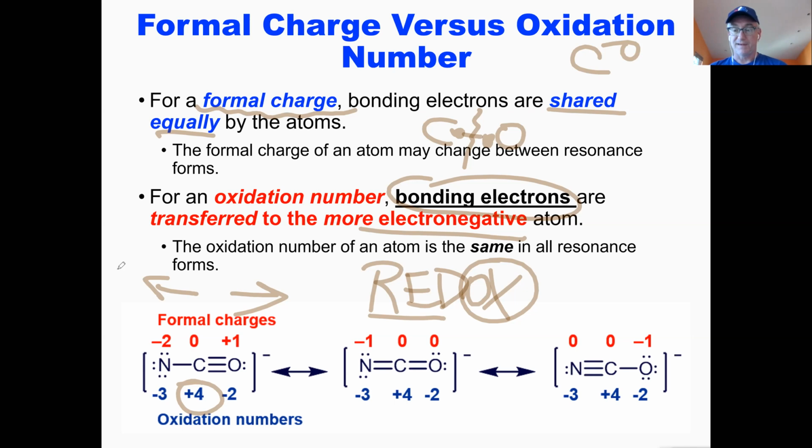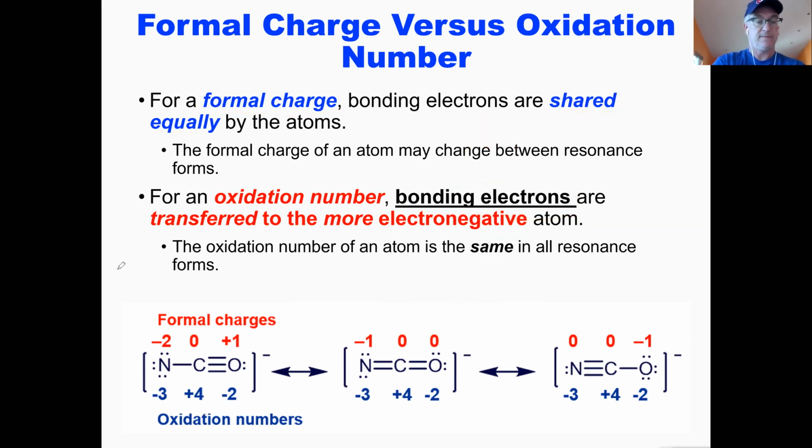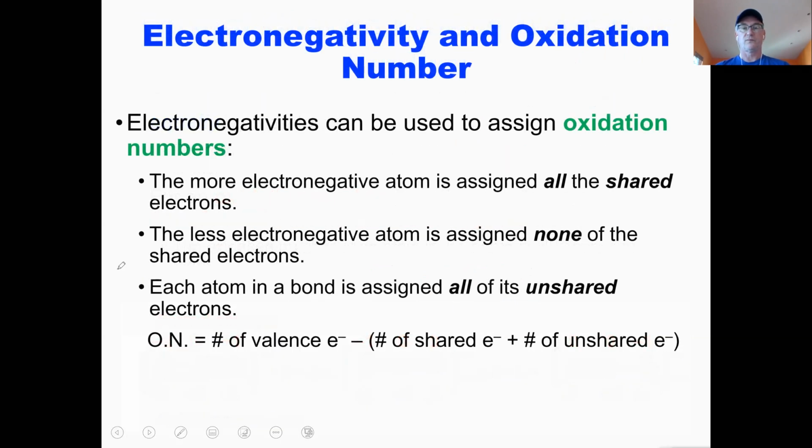How do you determine oxidation numbers again? Okay. So, great question. That's a great segue. I will just go right to it. Electronegativities are used to assign oxidation numbers, okay?